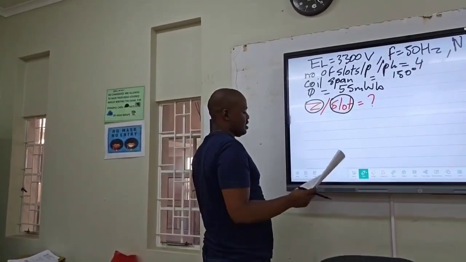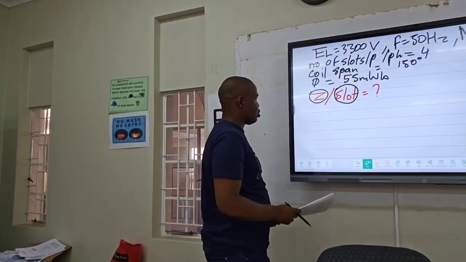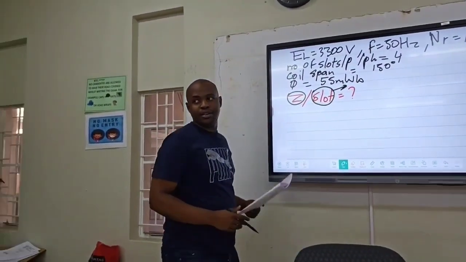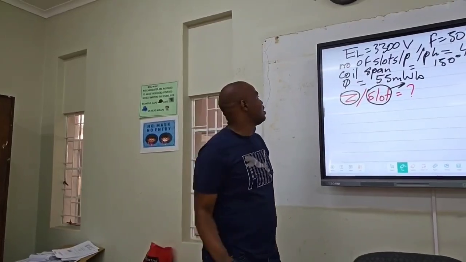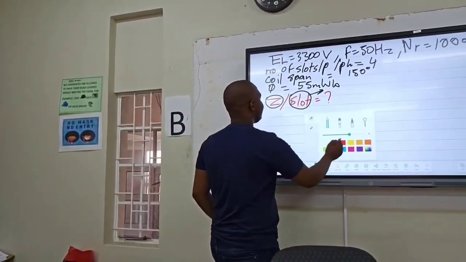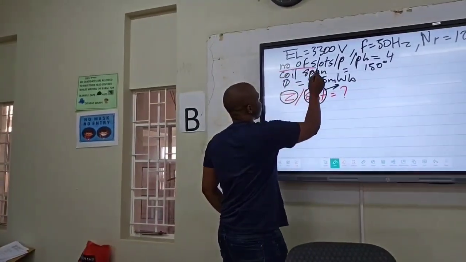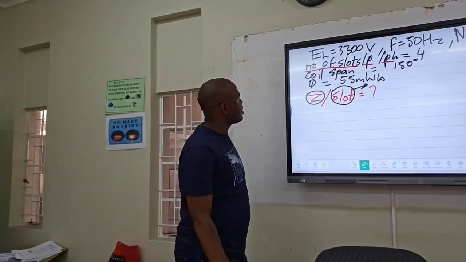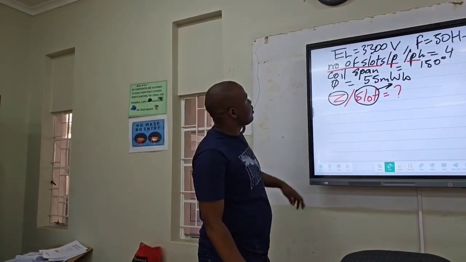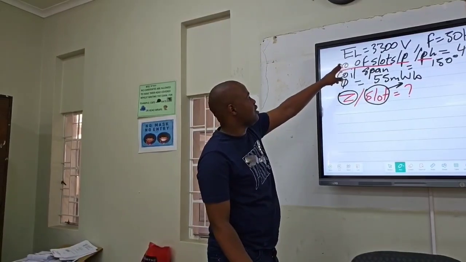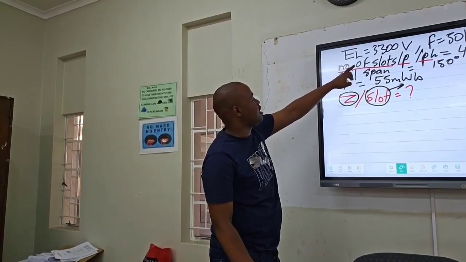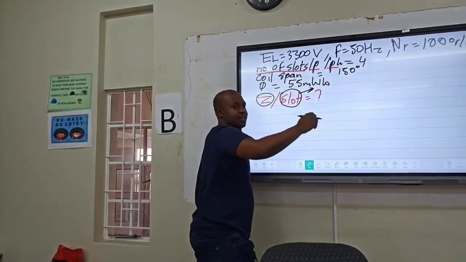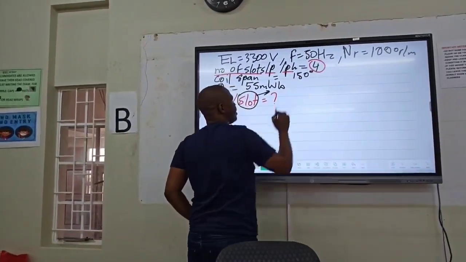The first thing that is easy to find is the number of slots, because I am told the number of slots per pole per phase is 4.